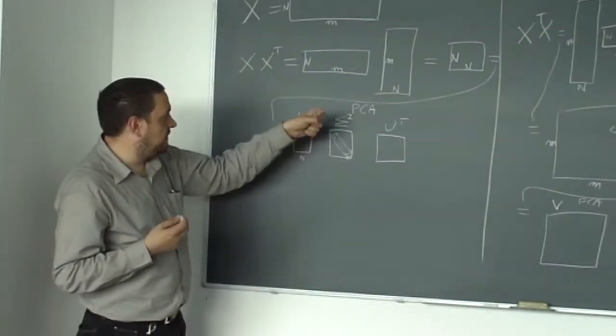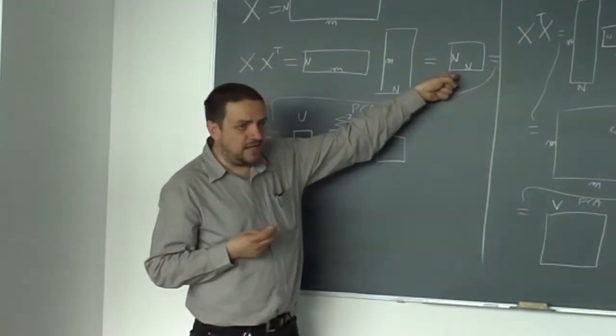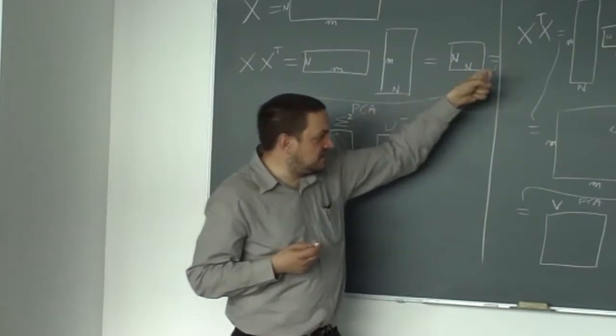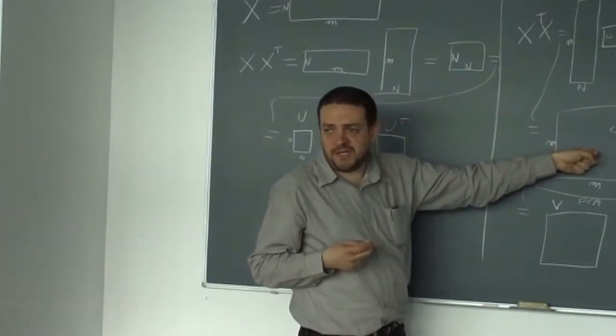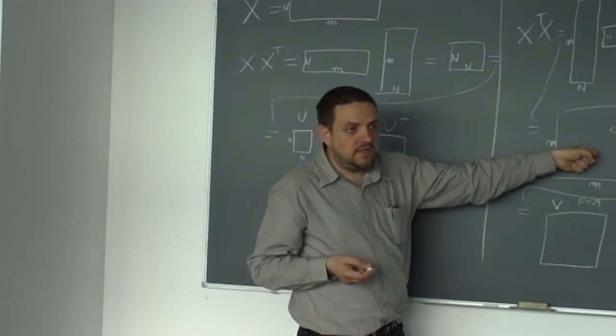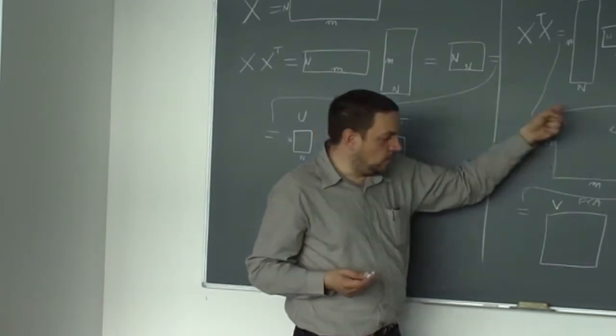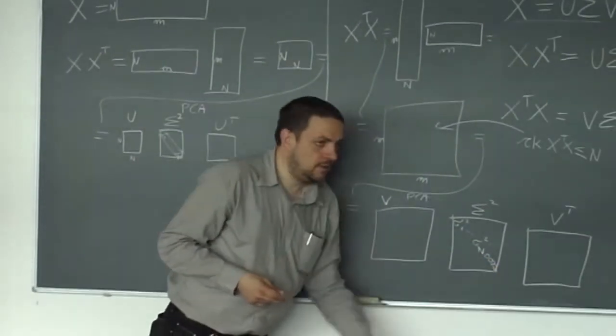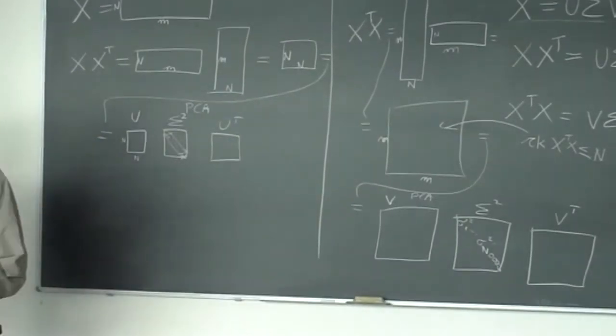The rank of this n by n matrix must be the same as the rank of this m by m matrix. So the largest of the two will for sure contain some zero eigenvalues.